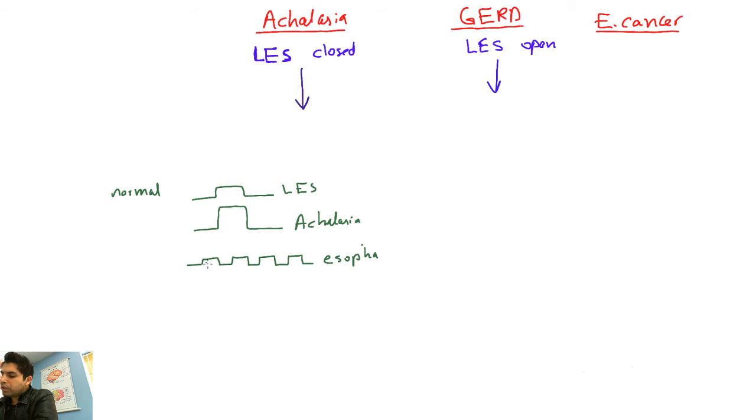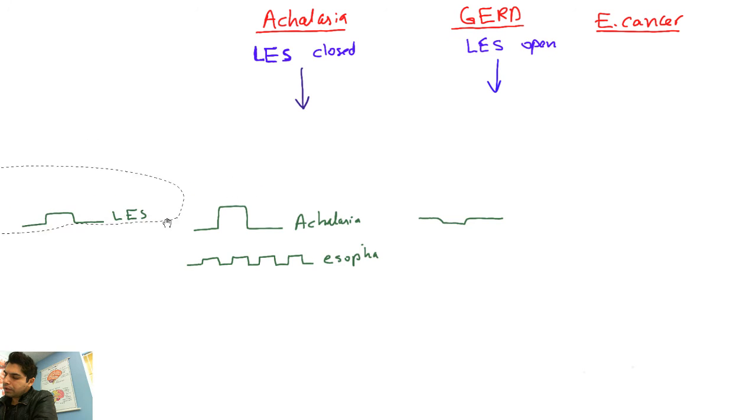As you go down the esophagus, you see the wave increases and then decreases, increases, decreases. So the wave is moving down. For GERD, it might be this. There's less tone. It's usually open. Let's move normal here. These are normal.